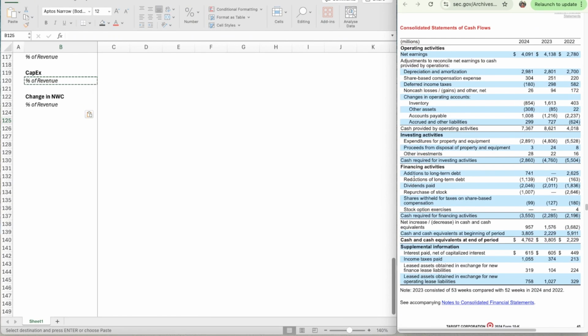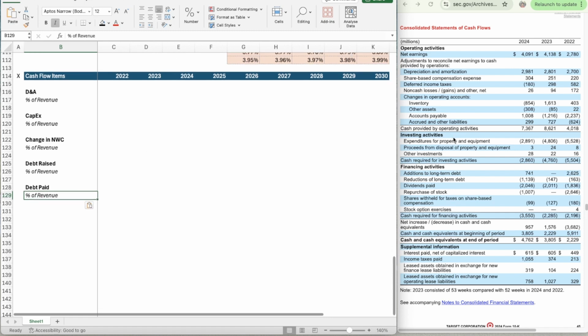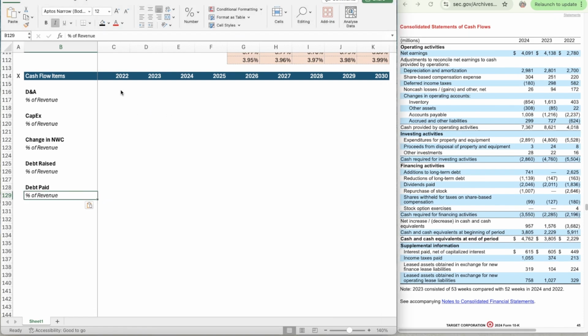So financing activities, we want additions to long-term debt and reductions of long-term debt. So these will be called debt raised and debt paid. Debt raised, and that's the additions. Okay, let's start populating it.